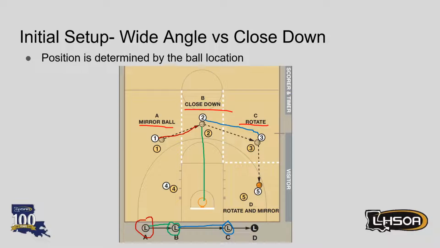Once the ball breaks the free throw line extended and goes from player 3 to player 5, lead is going to work from position C to position D, which is closed down to wide angle, and at wide angle, they will mirror the ball.